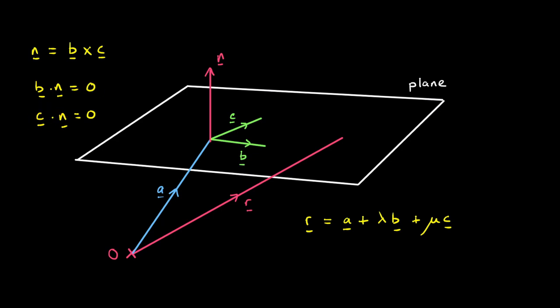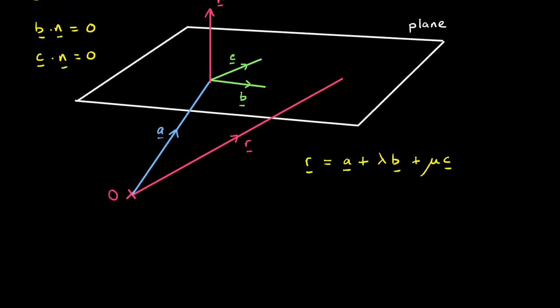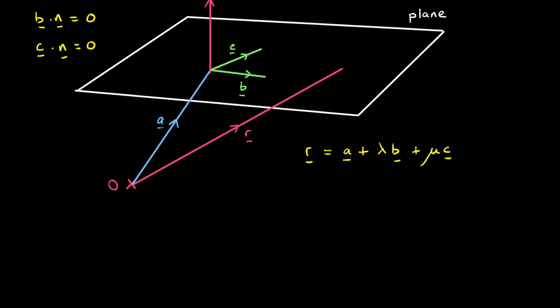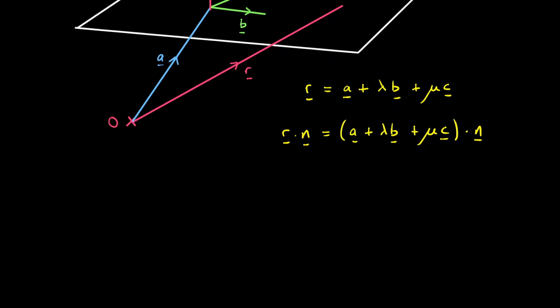Okay? Now, that is remarkably useful because if we were to take this entire vector equation here and scalar product it with n, something interesting is going to happen. So if we get r dot n is equal to (a plus lambda b plus mu c) dot n, and the dot product is distributive, right?